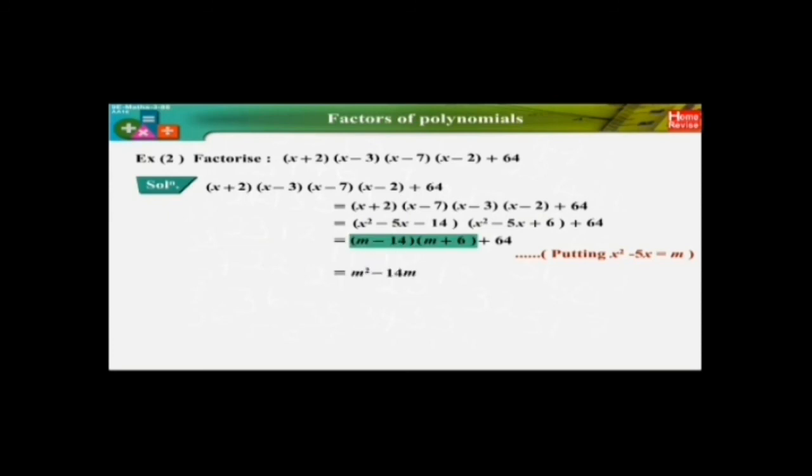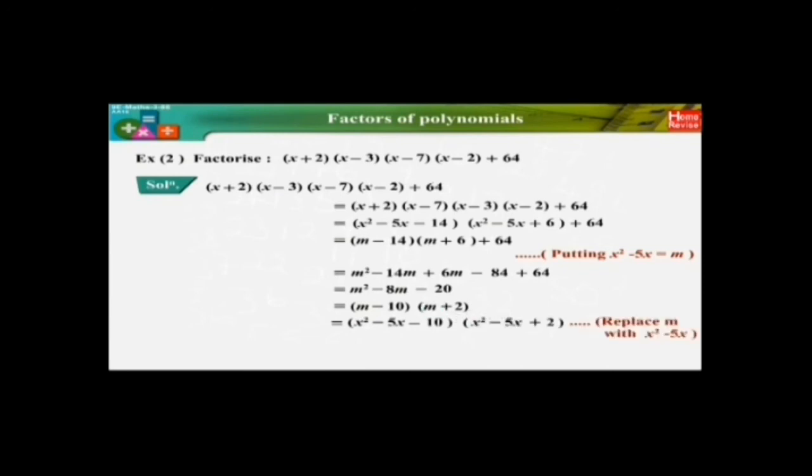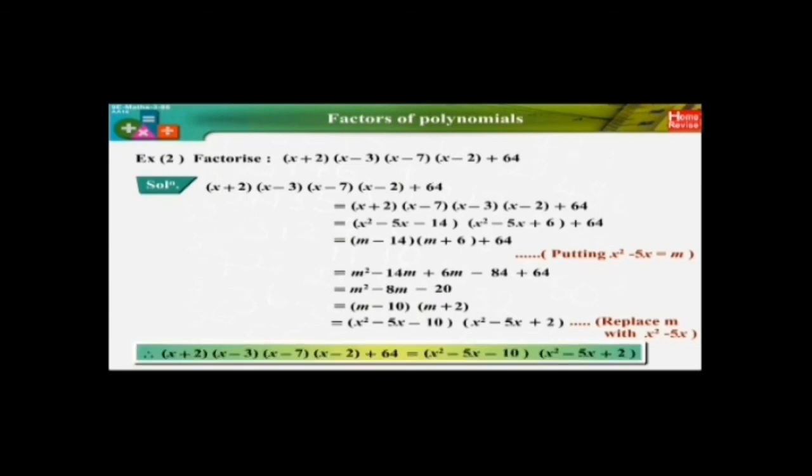So this can be written as m square minus 14m plus 6m minus 84 plus 64, which is equal to m square minus 8m minus 20, which is equal to m minus 10, m plus 2, which is x square minus 5x minus 10 and x square minus 5x plus 2, putting back the value of m. So therefore the factors are x square minus 5x minus 10 and x square minus 5x plus 2.